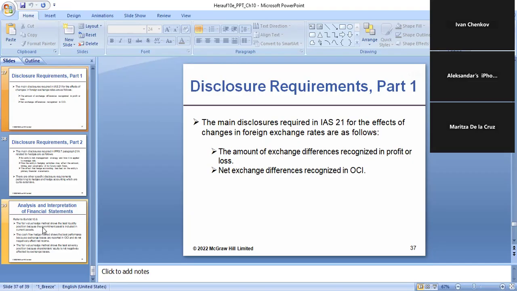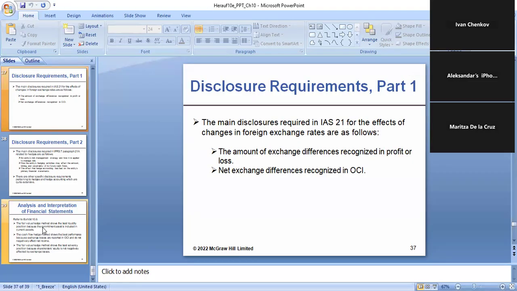And what's interesting, we're going to have the hedged item and the hedging instrument. The hedged item is the item which is under the hedge, and the hedging instrument is the one that protects against the fluctuation of the hedged item. So keep in mind those ones.